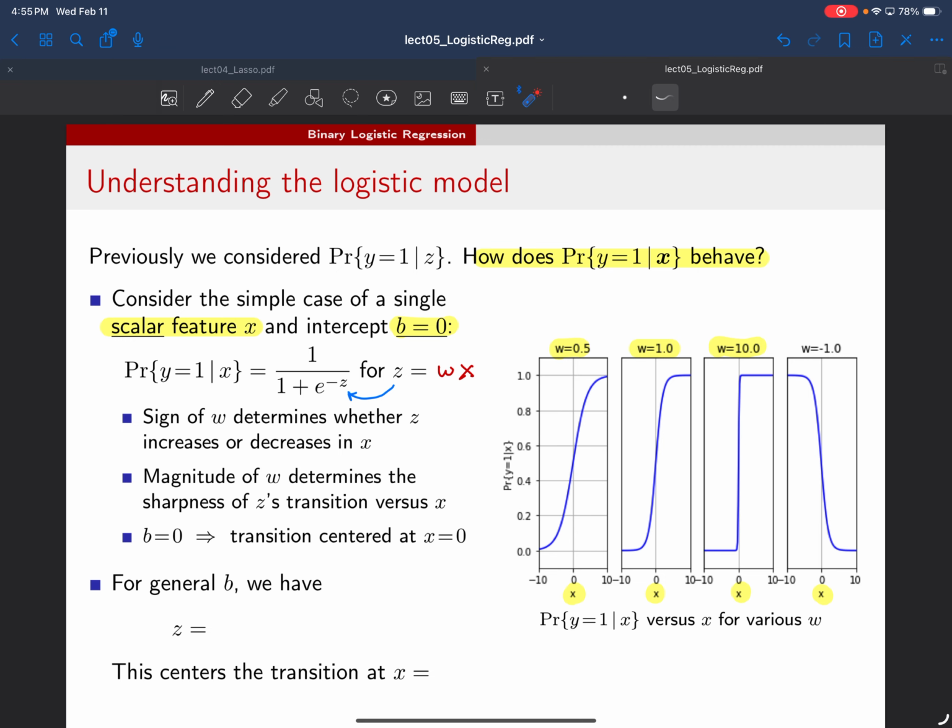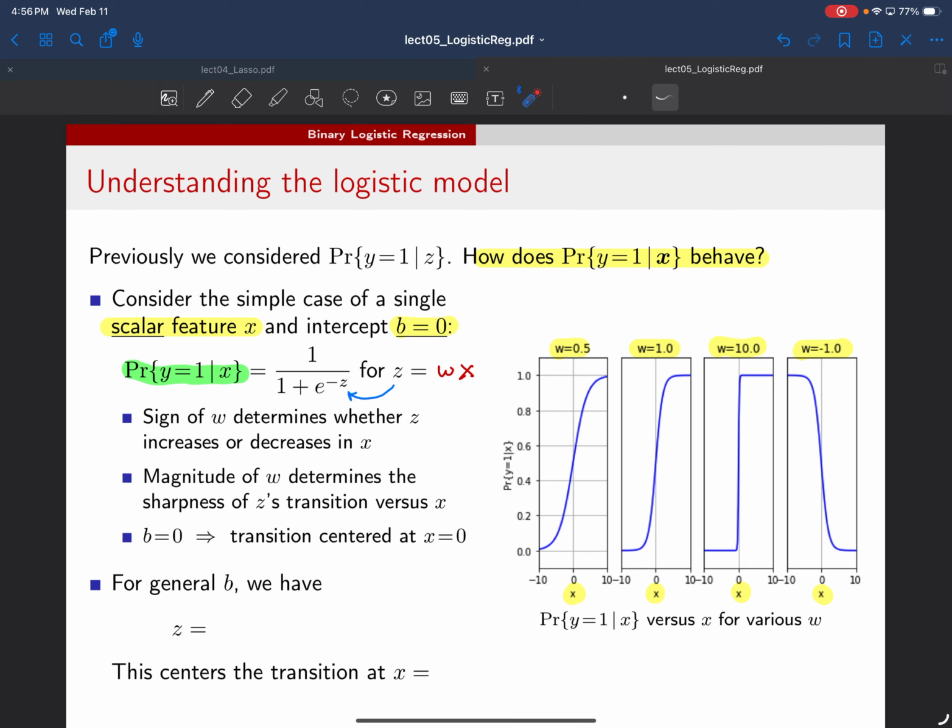And finally, if we negate the sign on w, it flips. It goes from high to low instead of low to high. So now you can see the effect of w on its own when we think about this probability of y equals 1 given x. By changing the weight, we can change how quickly we transition in the x space.